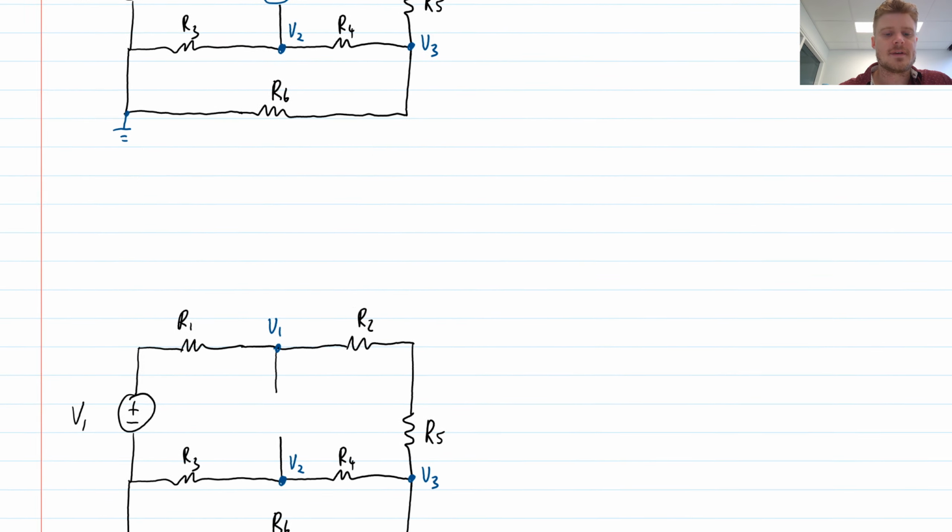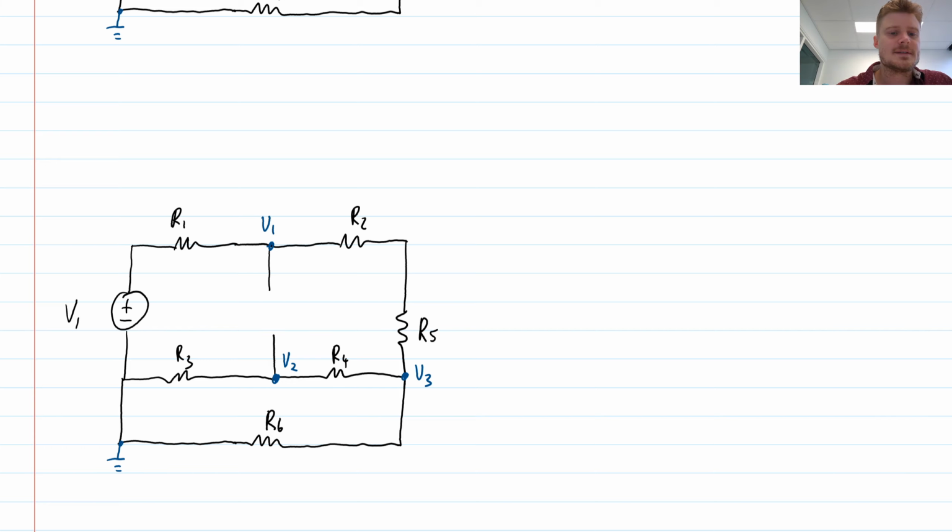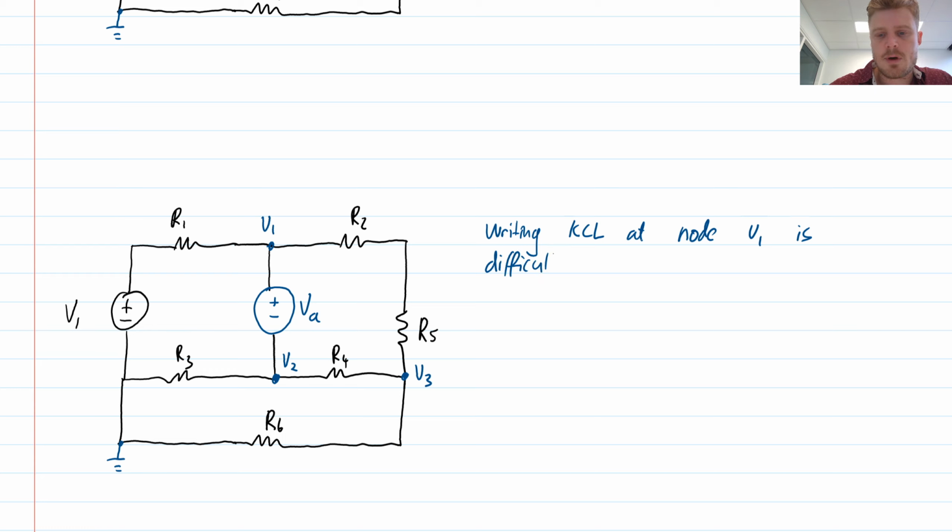If, however, I have the exact same circuit, but instead of putting a current source, I put a voltage source here, and we have a voltage VA that is generated by this particular voltage source, then our problem becomes that writing KCL at node V1 is now difficult. And why is that?